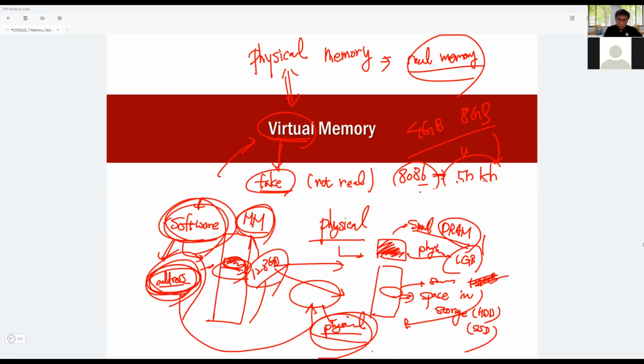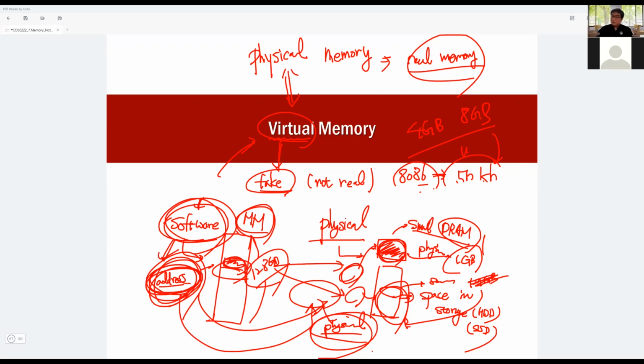So in order to access data in this physical system, the address should be translated into the real address, either for the physical DRAM or location information for the space in storage. This is the concept of virtual memory. Understand? Sometimes it may be difficult to understand why we need to provide virtual memory.